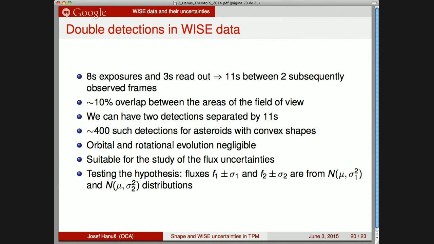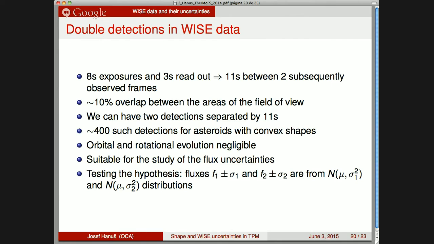So we have 11 seconds between 2 subsequently observed frames, and there is an overlap between the areas of the frames. So in principle, we can have observations of one particular asteroid separated by 11 seconds.